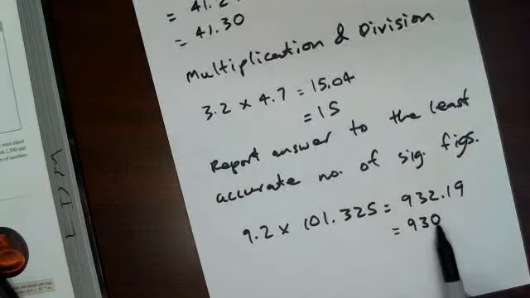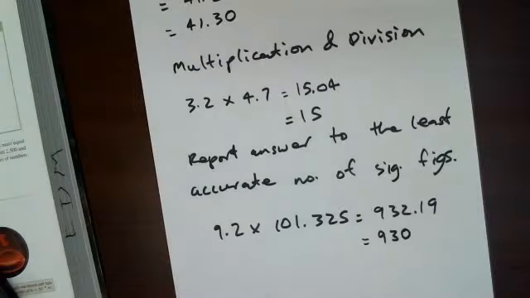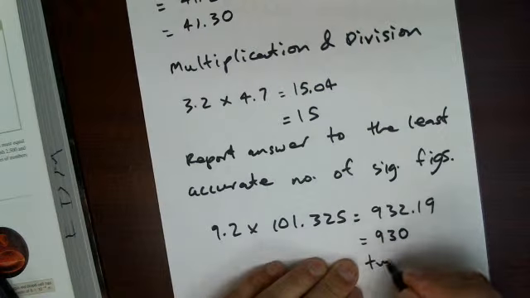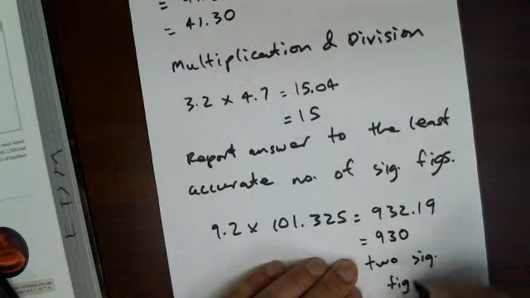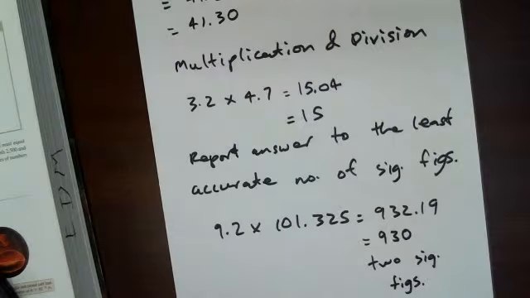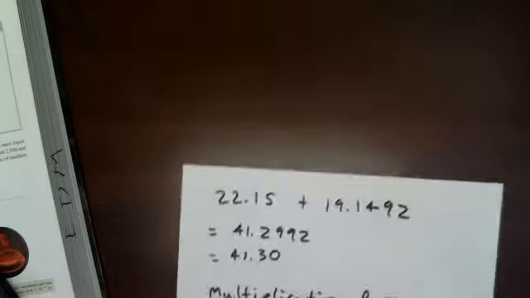Again, this 0 is to the right and doesn't count because there's no decimal point there. Okay, so I hope that makes sense. So this is really 2 sig figs. Okay, so that's some help with the significant figures.